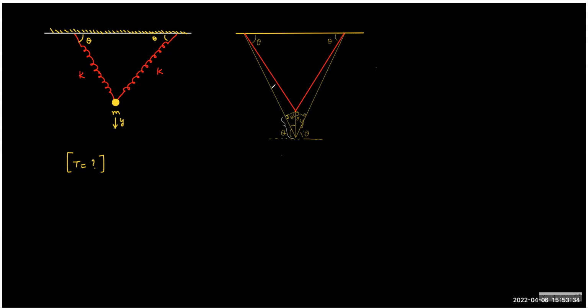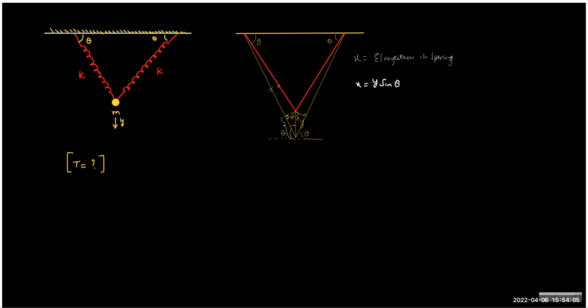This is the elongation because these two lengths are equal from here to there. So the change in length is this much, and that length is how much? Audible? Yes, sir. So elongation in each spring is basically y sine theta.